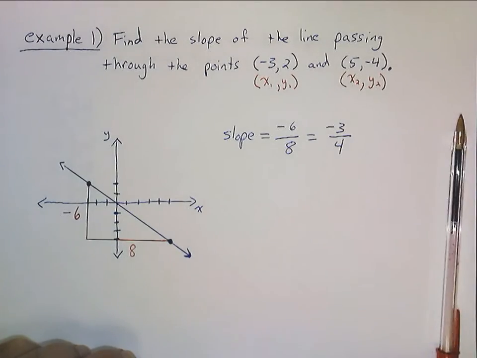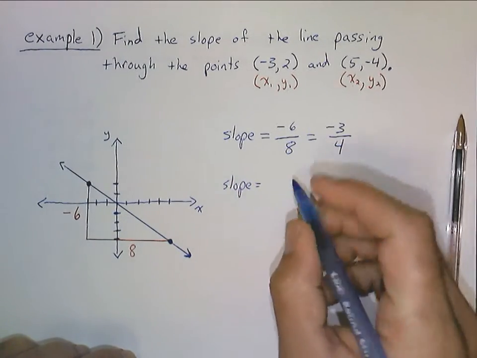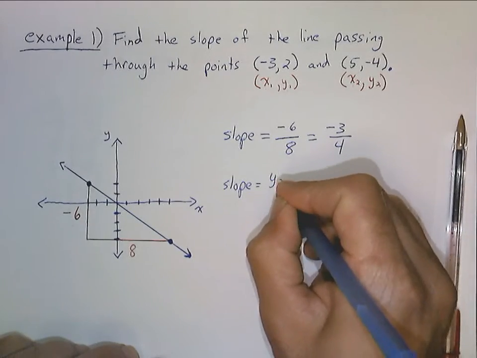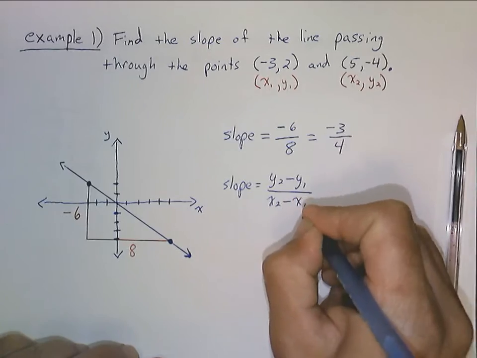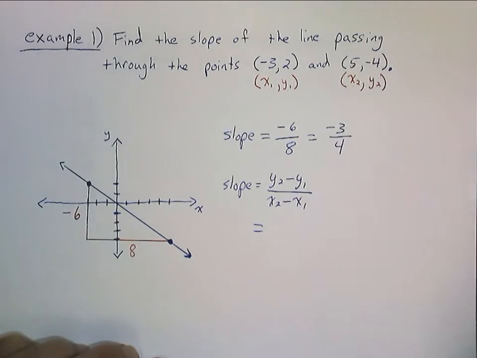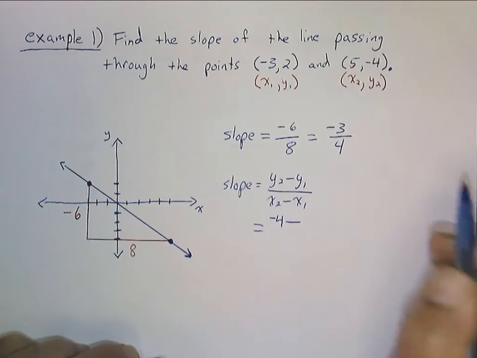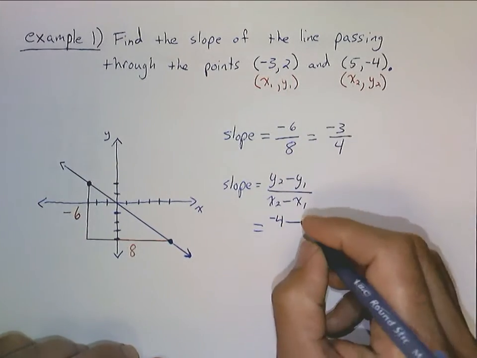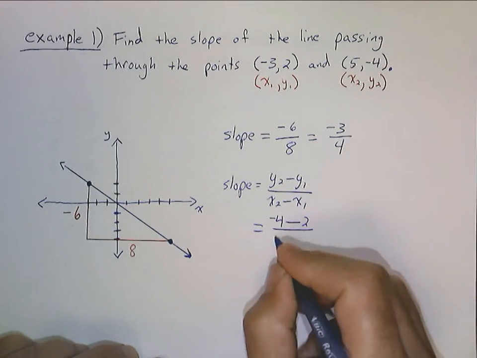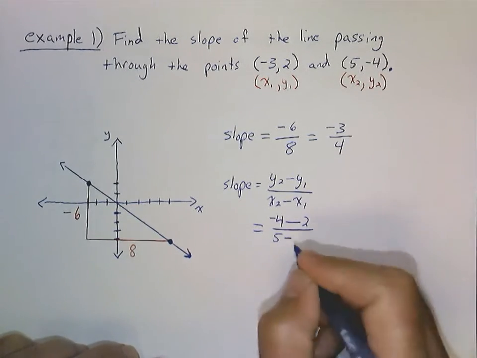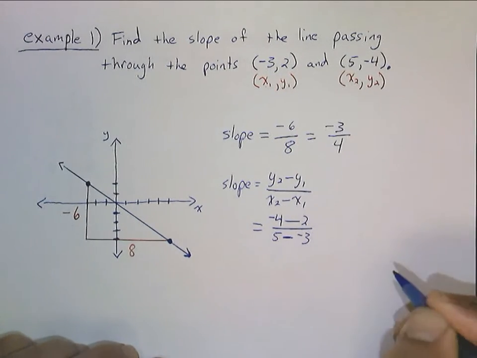No problem. So now we just put that into our slope formula, which was y2 minus y1 over x sub 2 minus x sub 1, or y2 was -4 minus y sub 1 is 2, x sub 2 is 5 minus x sub 1 is -3.